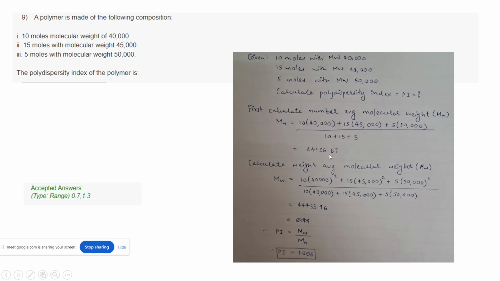This will give us a value, and then you calculate the weight average molecular weight, which is summation of Ni Mi square by summation of Ni Mi. You add all those values and then multiply the number of moles with the molecular weight and divide that from the above value. Whatever you get, you put it in Mw by Mn form and you get the polydispersity index, which in this case would be 1.